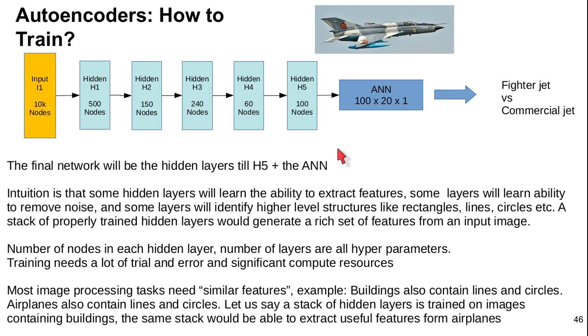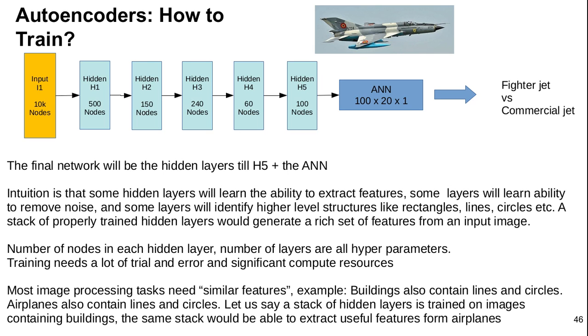The intuition behind this again is that most image processing tasks need similar features. For instance, to differentiate between buildings and, let's say, grasslands, one could use features such as lines, rectangles, squares, circles, etc. Lines, rectangles, and circles could be extracted from images of buildings and outdoor scenes.